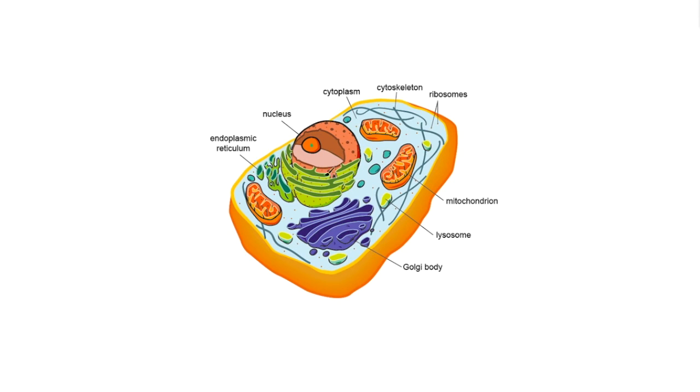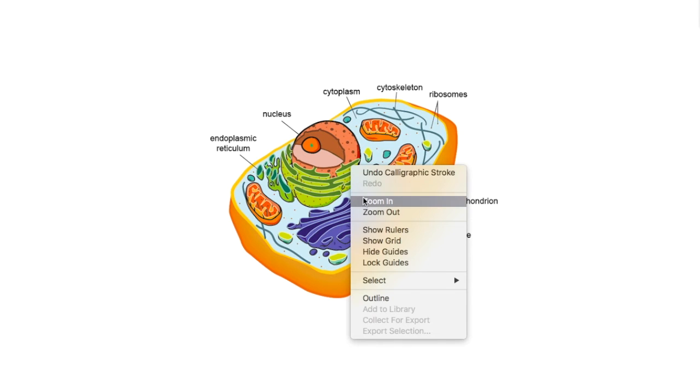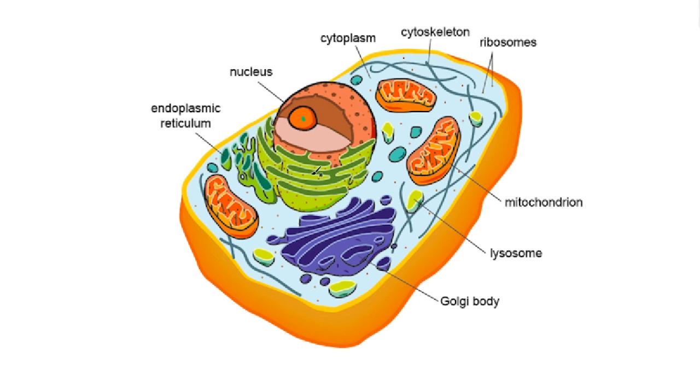We have this rough looking stuff attached to the nucleus here, and that's the rough endoplasmic reticulum. And here you have the smooth one, because it doesn't have the dots on. These dots that are on the rough endoplasmic reticulum are the ribosomes, and you can see that they're also freely moving within the cell.